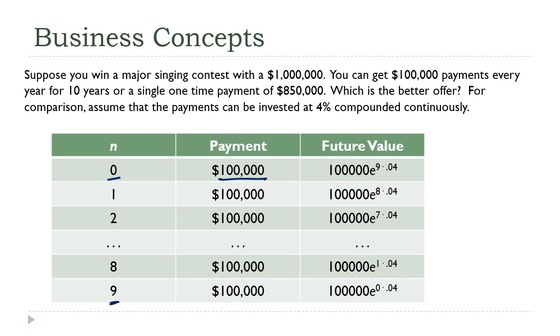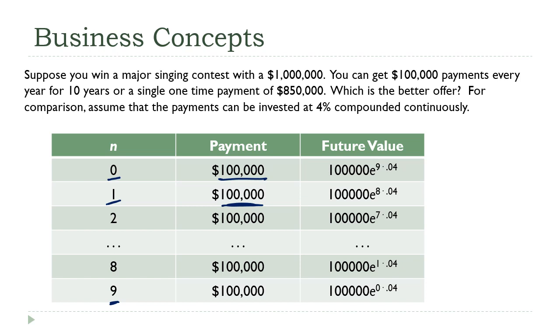Then at the end of year one, the beginning of year two, you get another $100,000 payment. So how much is that going to be worth at the end of this whole little project? Well, that's going to be worth 100,000 with an 8 because now there are 8 years until we get to the beginning of that 9th year. So that's how long that money is going to sit. And I did the same process here that I did the last time.